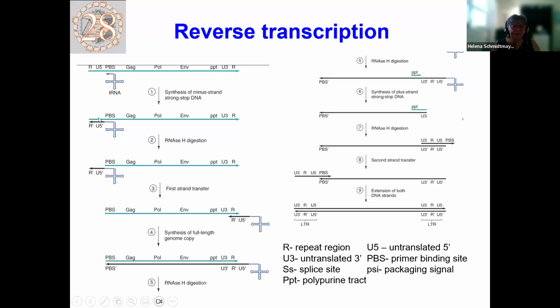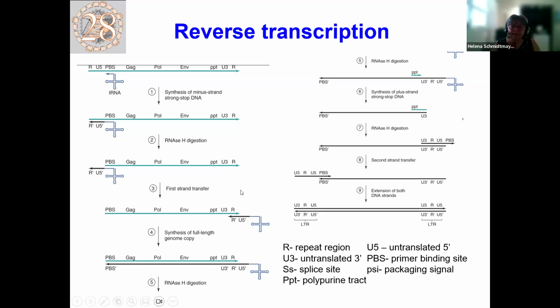This creates a DNA-RNA hybrid, so the RNase H activity of RT degrades this RNA up to the PBS. So now the short DNA must switch template, and it switches to the 3' end. It can be the 3' end of the same RNA or the second RNA. You recall the retroviruses package two RNAs.